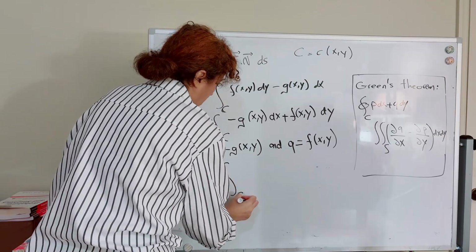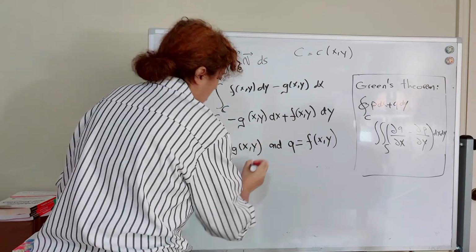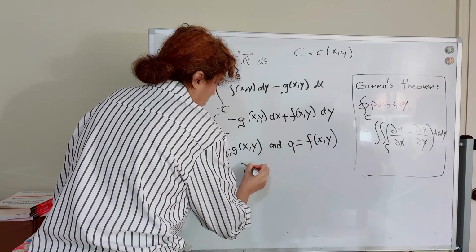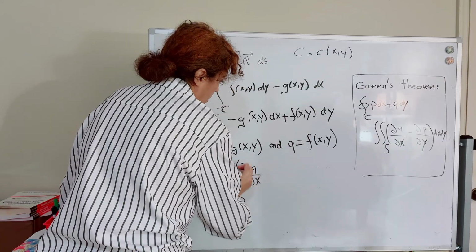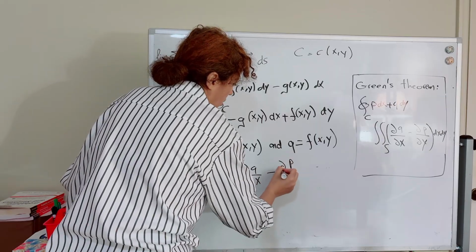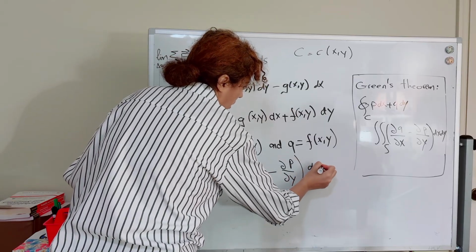We're going to do the same here, and we're going to have over S the dQ over dx minus dP over dy dx dy.